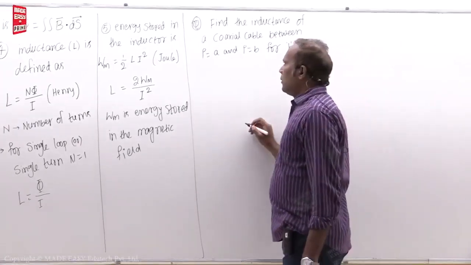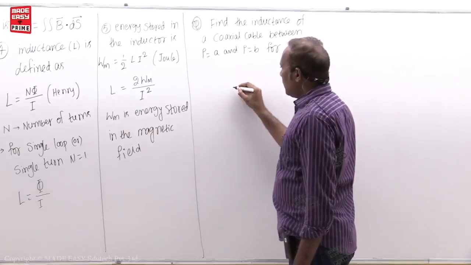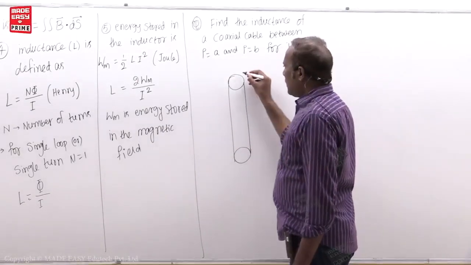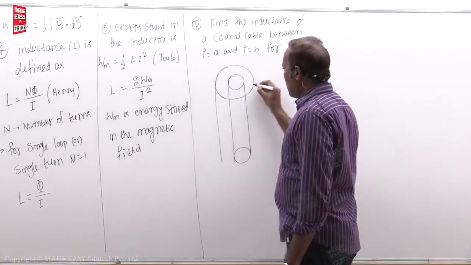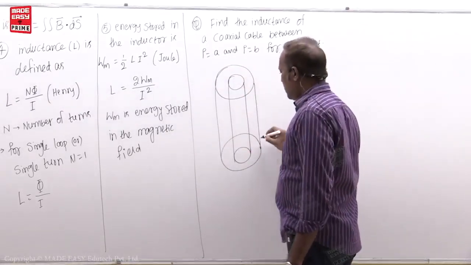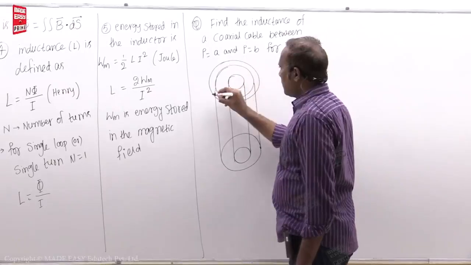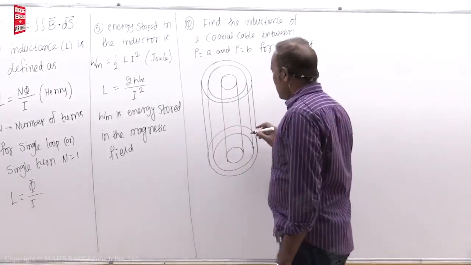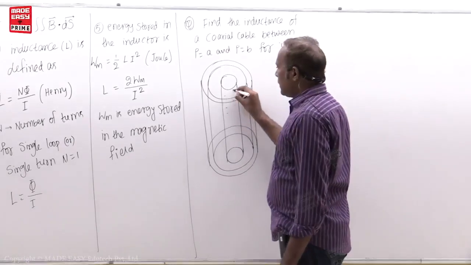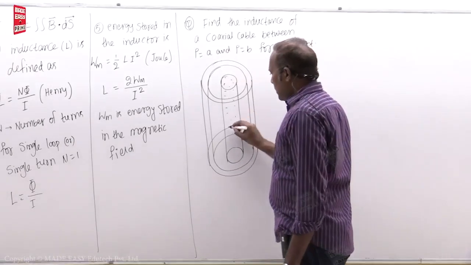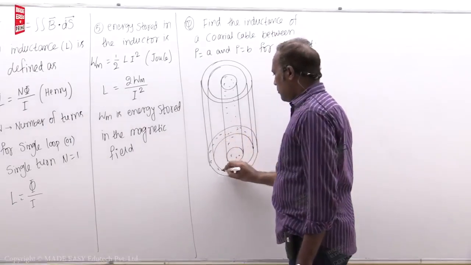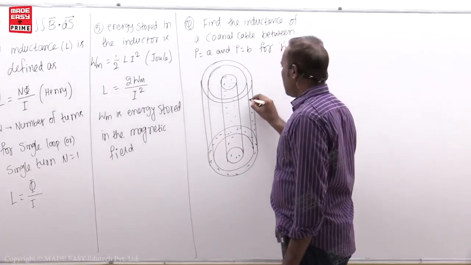Already you students know, in a coaxial cable, if you recall, there is a conductor here, this dotted region, and this one is also a conductor, the outer one.